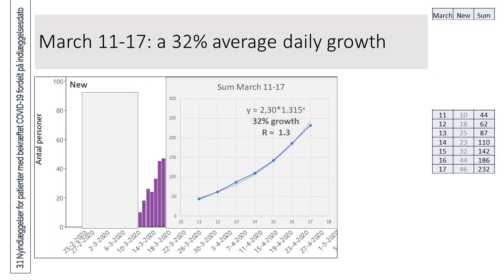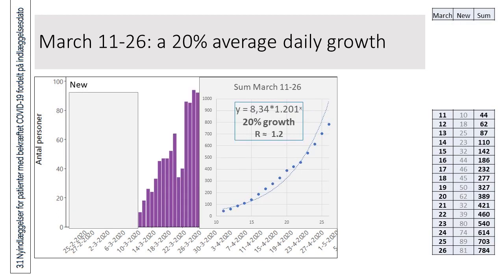The following week showed an average daily growth close to 30%. This corresponds to a daily doubling factor 1.3, now also coming from people infected in Denmark.